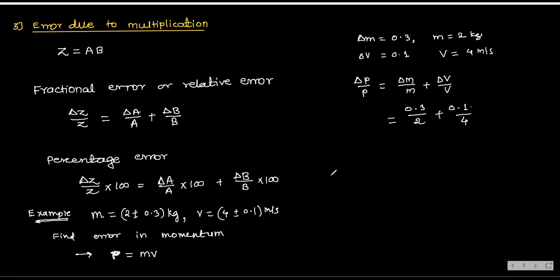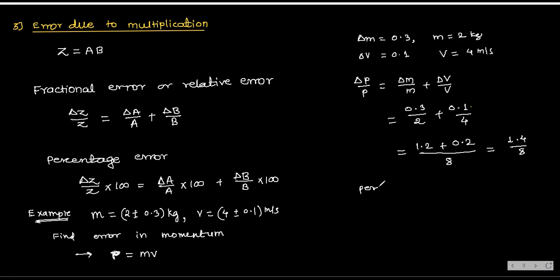Okay, and do this now. How much you are getting here? 1.2 plus 0.2 divided by 8. Check. Right? So this is how much? 1.4 divided by 8, which is your fractional error.